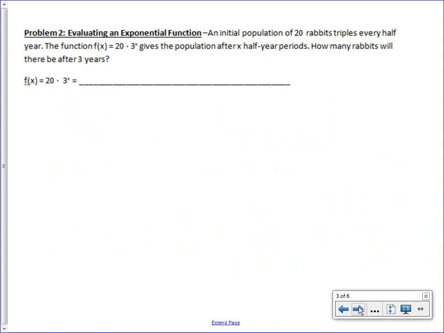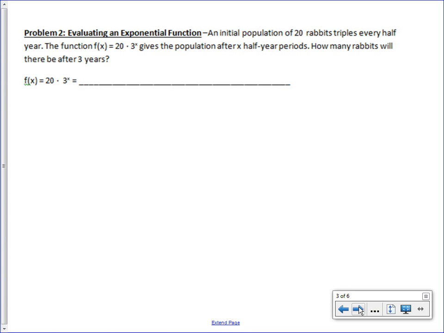Problem 2. An initial population of 20 rabbits triples every half year. The function f of x equals 20 times 3 to the power of x gives the population after x half-year periods. How many rabbits will there be after 3 years?